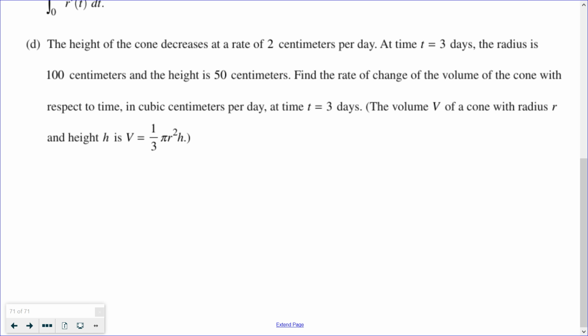I can give like 90 seconds. I'm going to do it up here actually while you guys are. So if you guys are at home, you should be pausing. The height of the cone decreases.